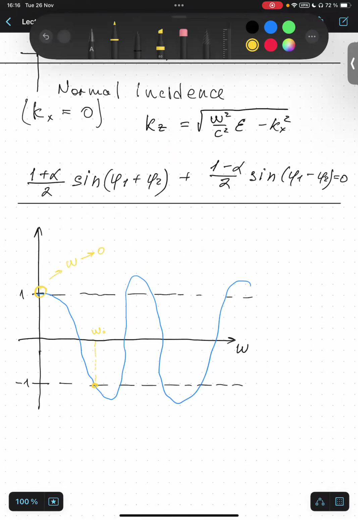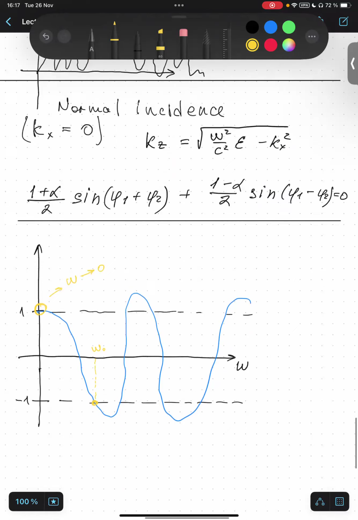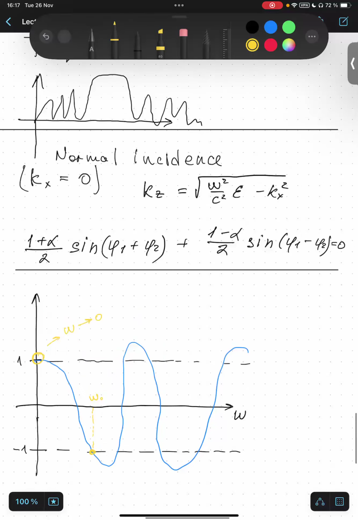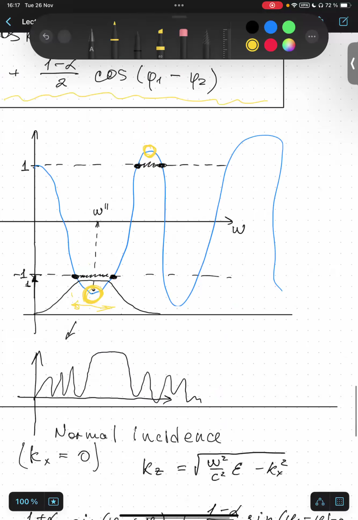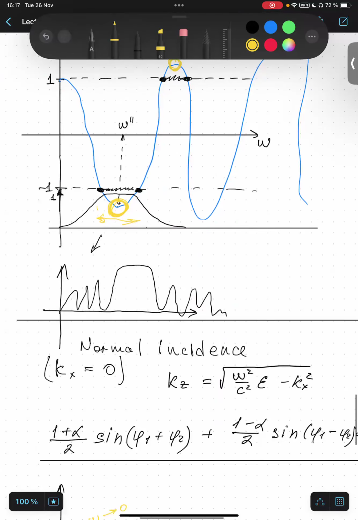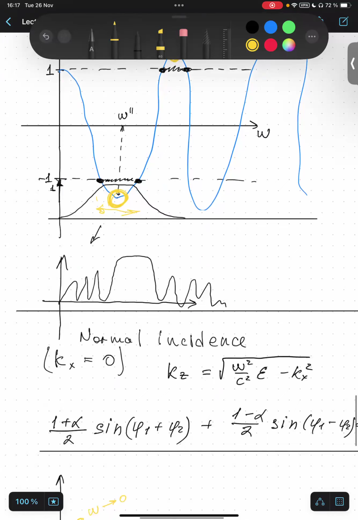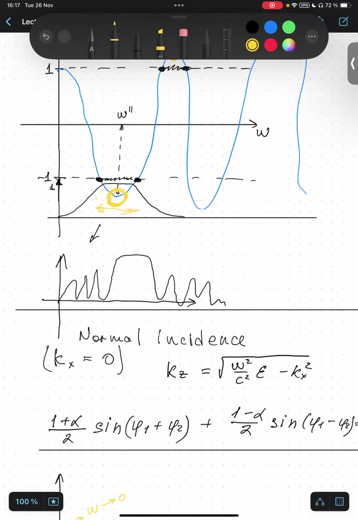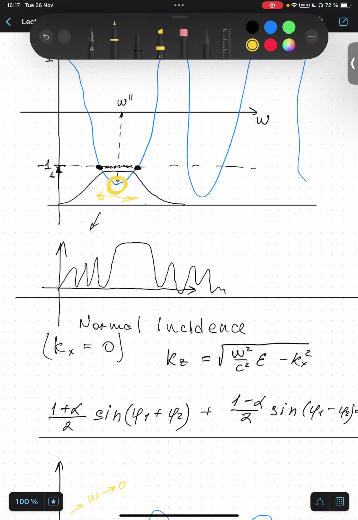Why we don't have some added coefficients? Well, basically, yes, you will have them, but now we are not interested in them. It's just the main point how to find the exact position.